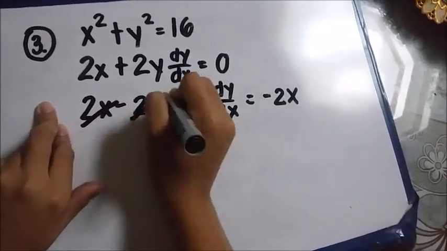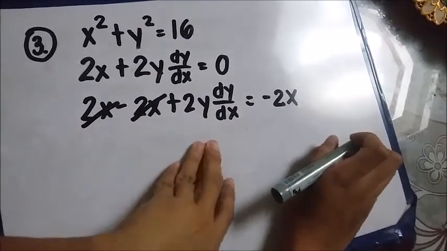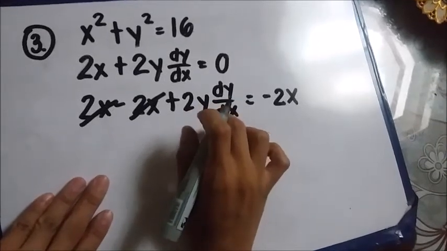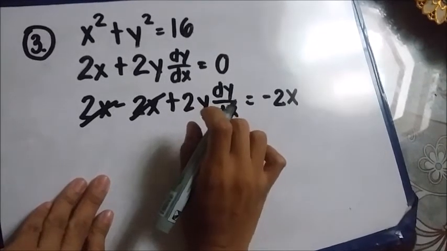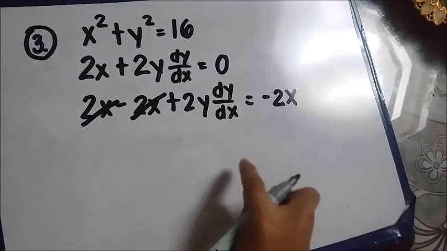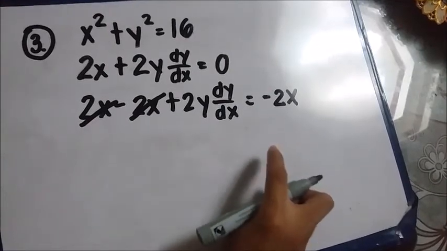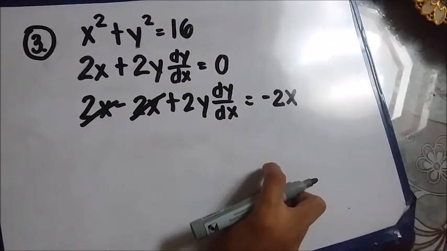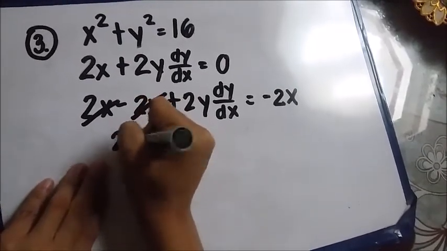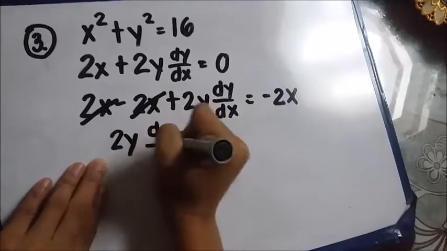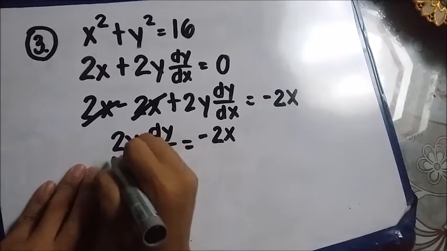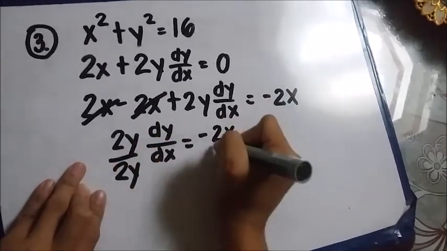So we will cancel this out, and we have now 2y dy/dx equals negative 2x. So the next thing that we're going to do is to divide both sides by 2y, since 2y is the term beside dy/dx. Divided both sides by 2y.